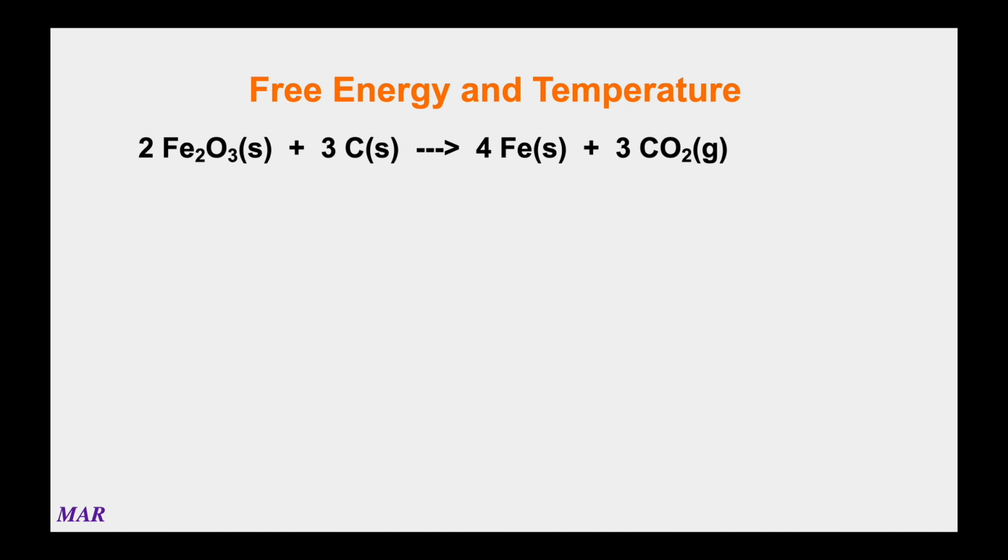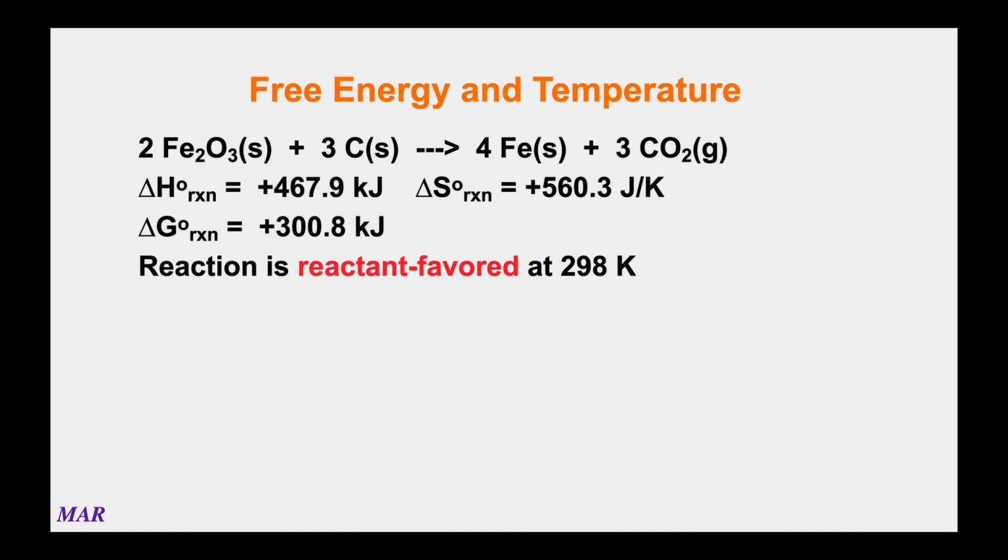Here's another reaction. This is iron(III) oxide reacting with basically graphite to make pure iron and carbon dioxide. If you look up these values for delta H and delta S or calculate them, there's what you get, and you plug it in at 298 Kelvin, delta G is positive 300.8 kilojoules.